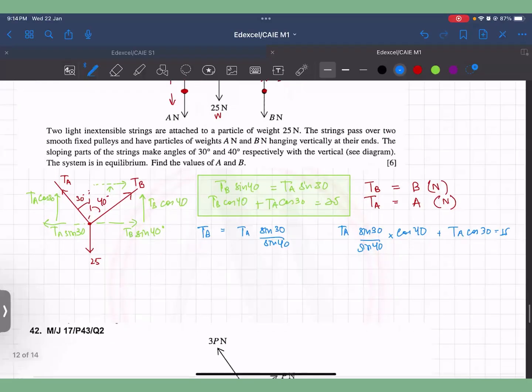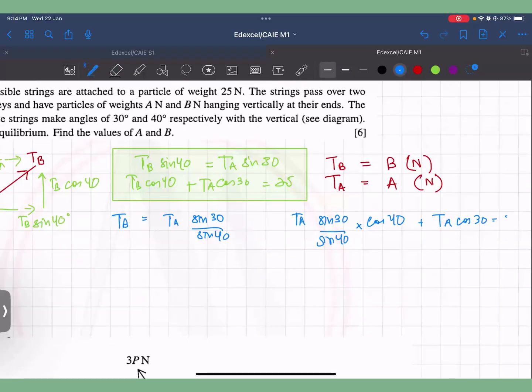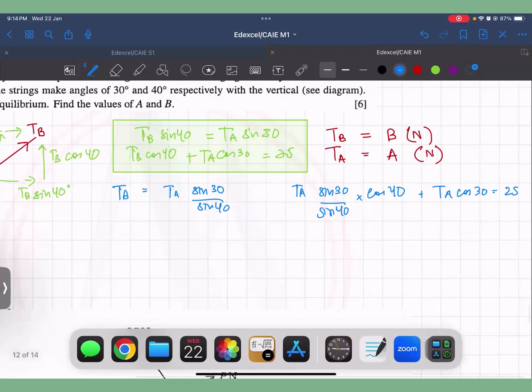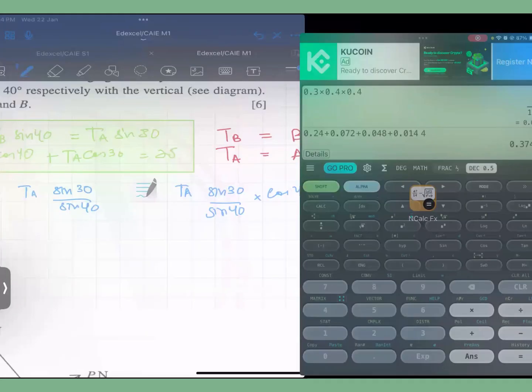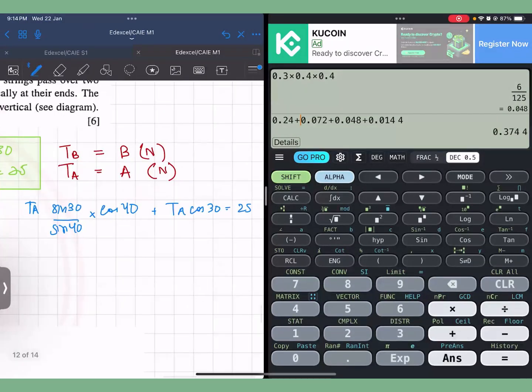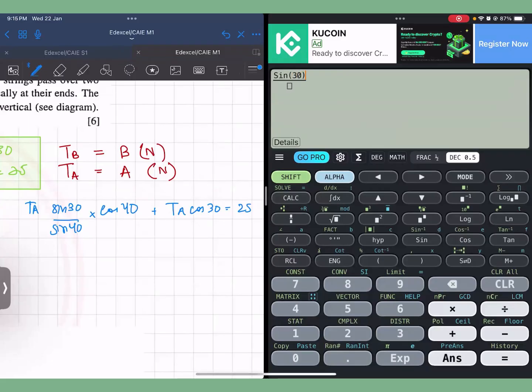If you take TA common, the inside of the bracket would be sine 30 upon sine 40 multiplied by cos 40, and then plus cos 30.